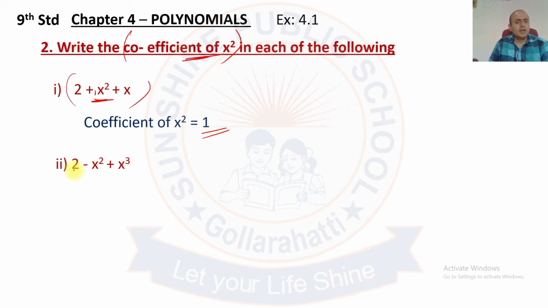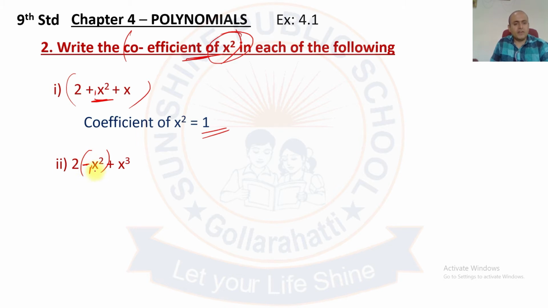Second question, 2 minus x square plus x to the power 3. Here they have asked the coefficient of only x square. Therefore, we will write the coefficient of x square here. The coefficient of x square is minus 1, because we got a minus sign here, and if there is no number before the variable, we will consider it as 1.